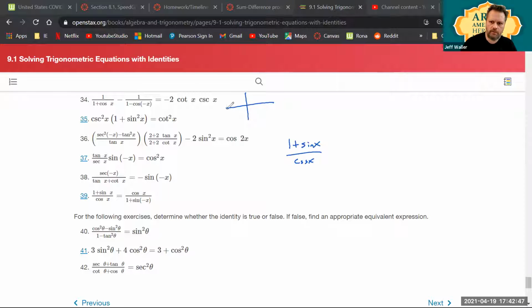So again, sine looks like this. What's sine of pi over 2 and sine of negative pi over 2? Are they the same value? No. One is the negative of the other. So I can rewrite the bottom of this as 1 minus sine x. Is everybody with me? Sine of negative x equals negative sine x.